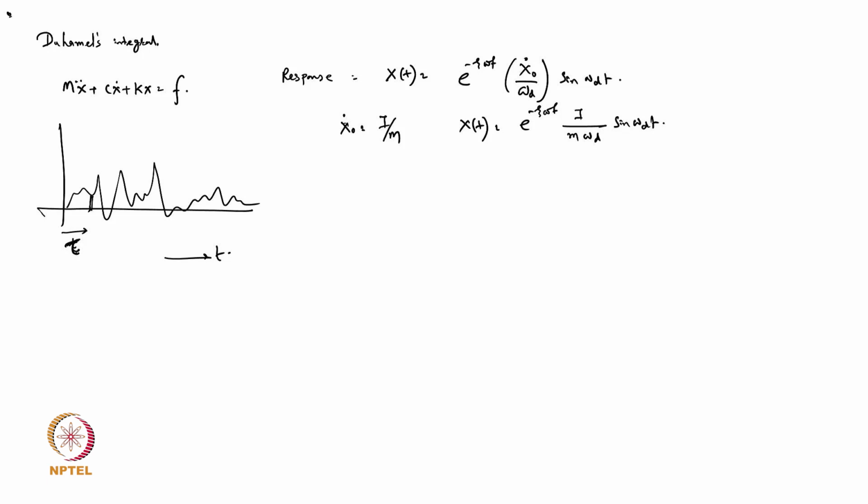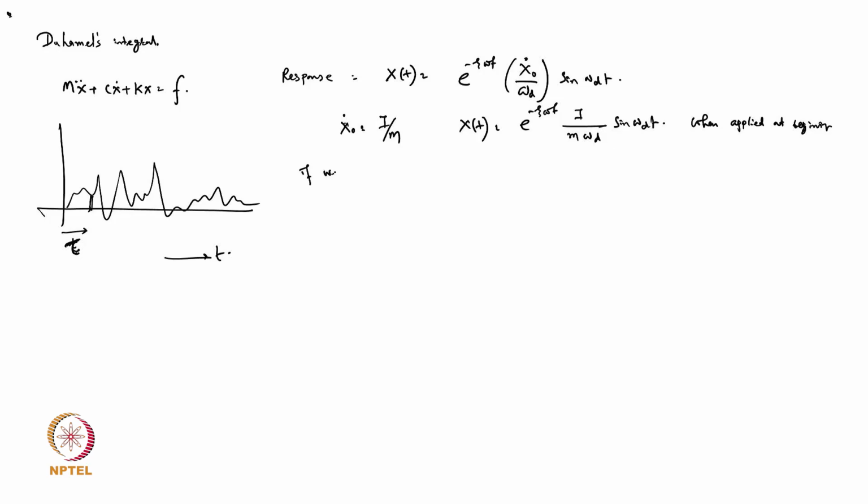Tau. So should we put t here or t minus tau? How many of you think that t minus tau we should put? It should be t minus tau. Exactly, because that was applied at the beginning.